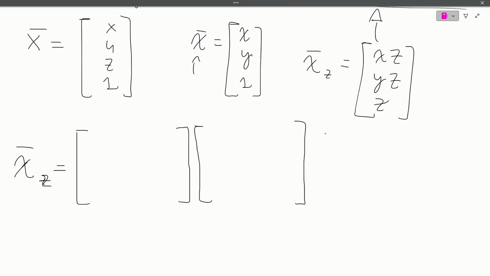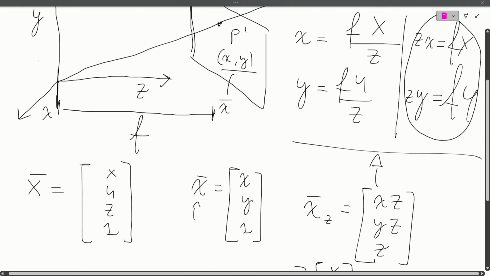I will put here directly the coordinates, so x, y, z, 1, homogeneous coordinates. Now, how can we pass from this to this?